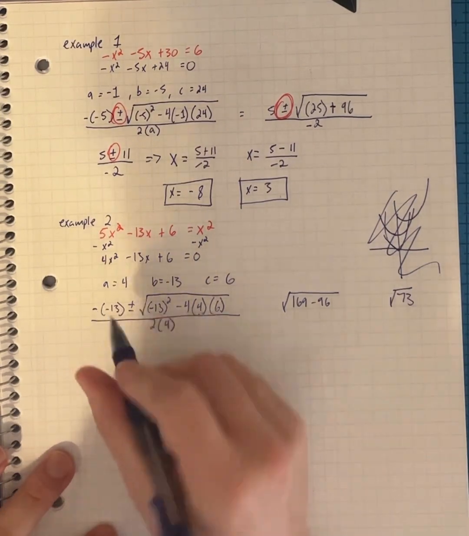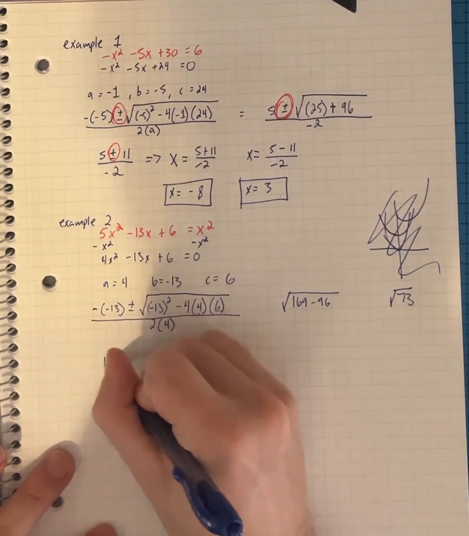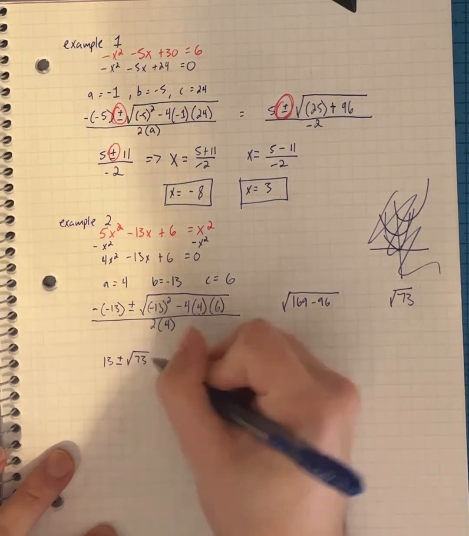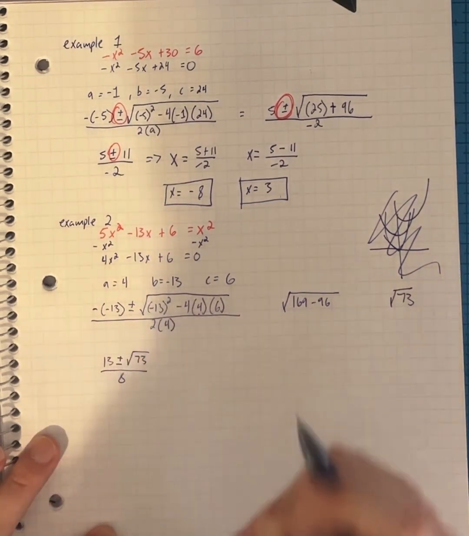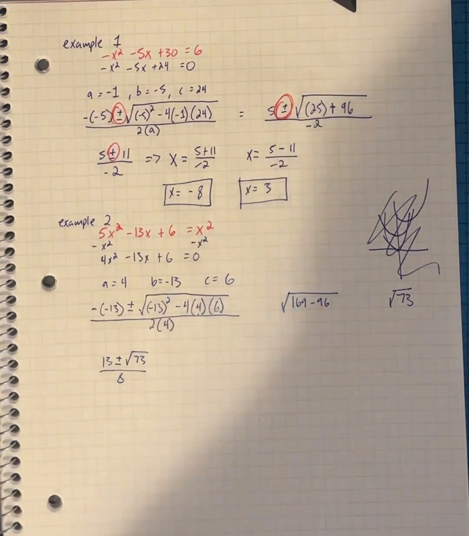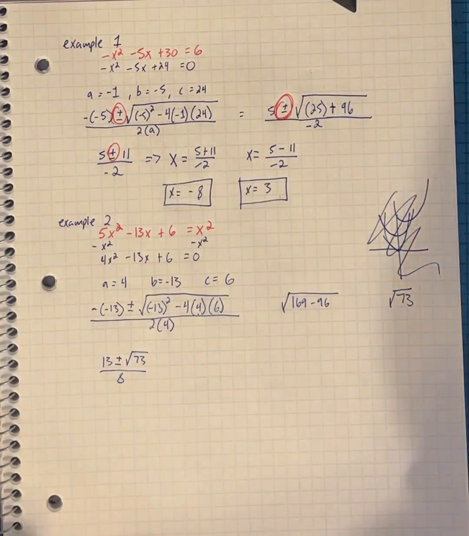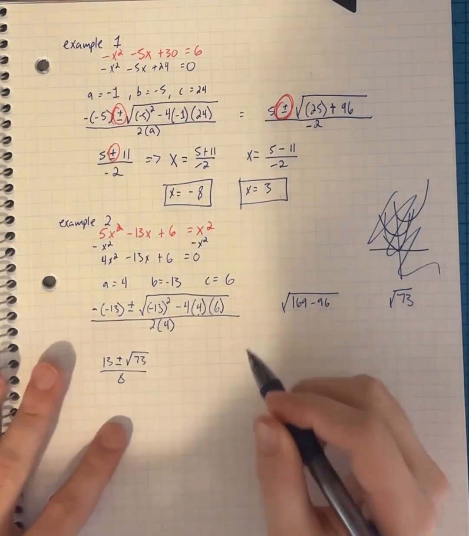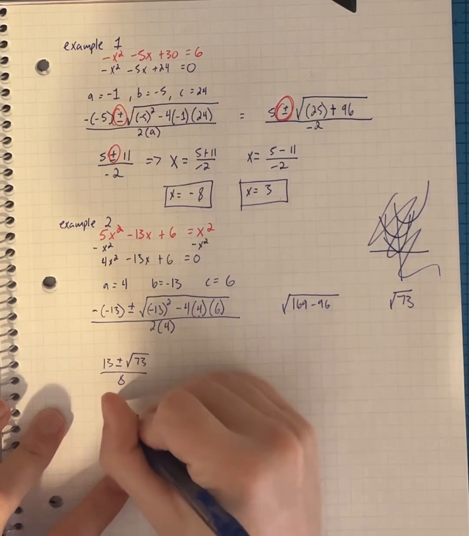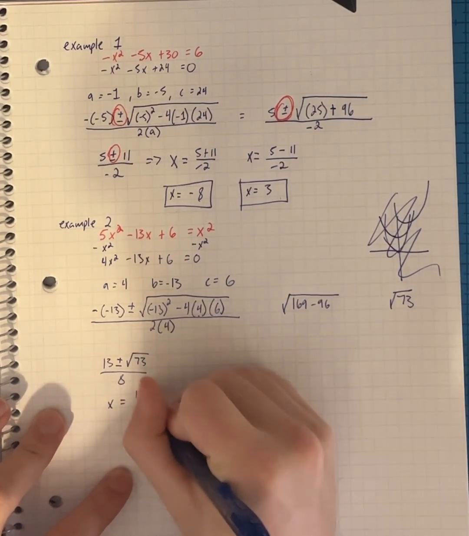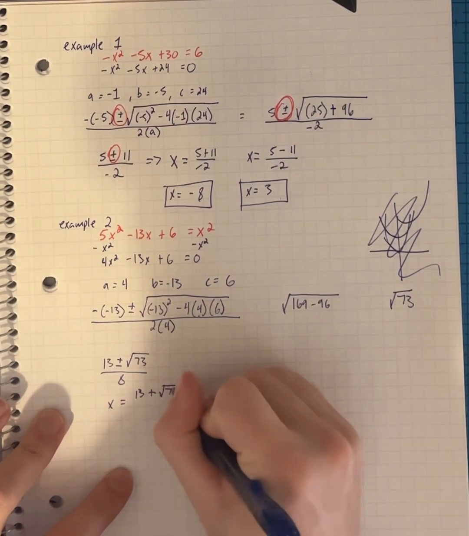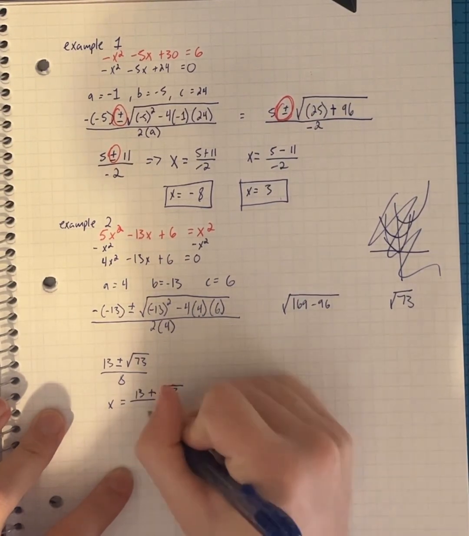So now we have negative times a negative is positive, so 13 plus or minus square root of 73 all over 8, right? Basically, x1 will be 13 plus square root of 73 over 8.